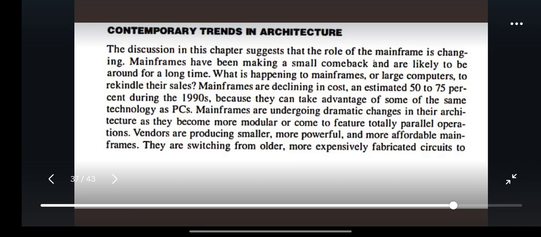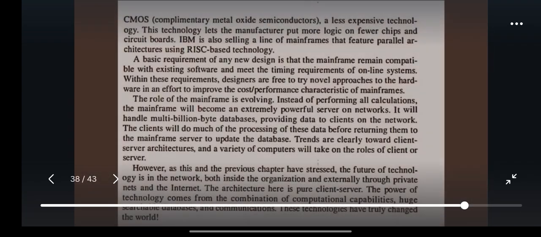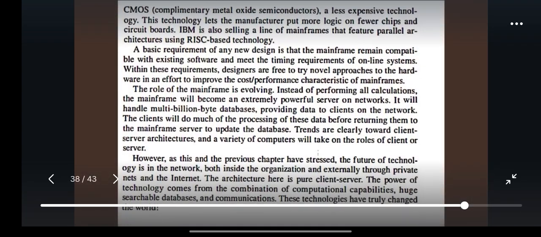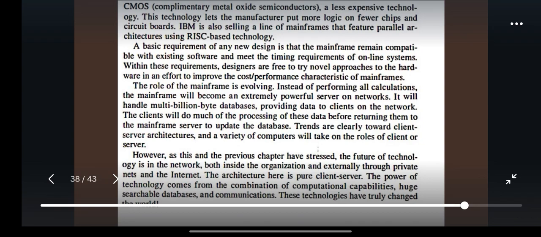So we are switching from older, more expensively fabricated circuits to CMOS, or complementary metal oxide semiconductors, a less expensive technology. This technology lets the manufacturer put more logic on fewer chips and circuit boards. IBM is also selling a line of mainframes that feature parallel architectures using RISC based technology.